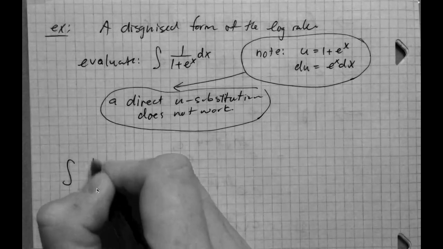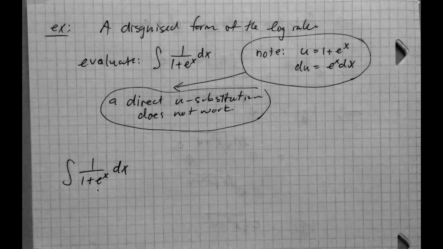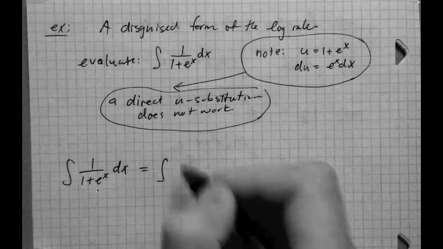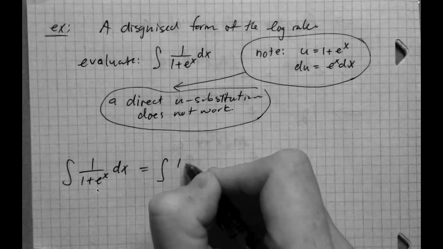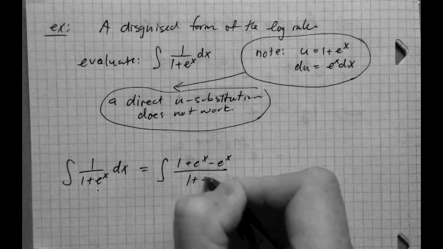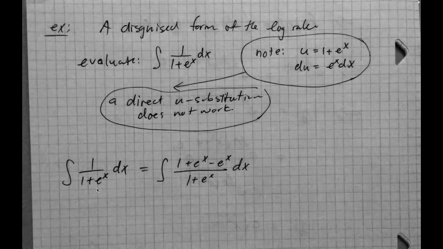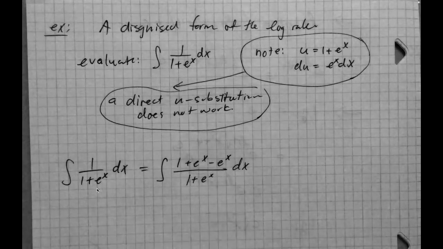So if we start with the integral of 1 over 1 plus e to the x dx, then in the numerator, let's add and subtract e to the x, like so. Obviously, we haven't changed the overall integral, since we added something and subtracted the same thing.